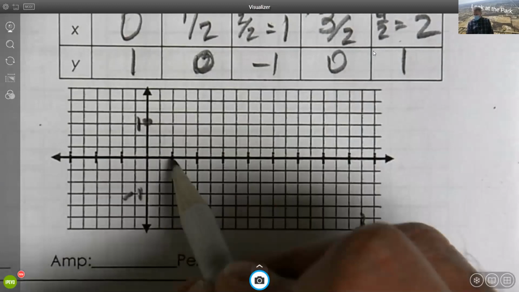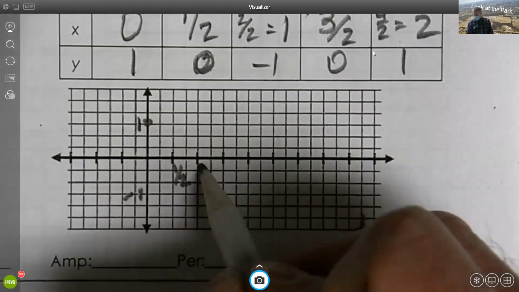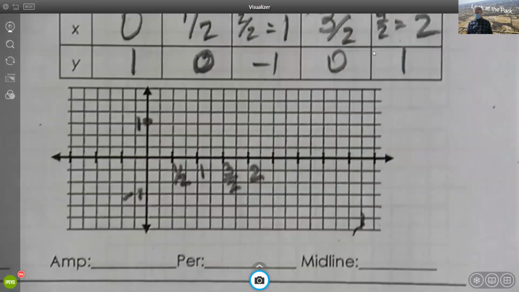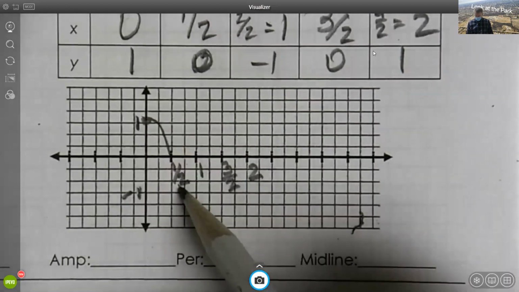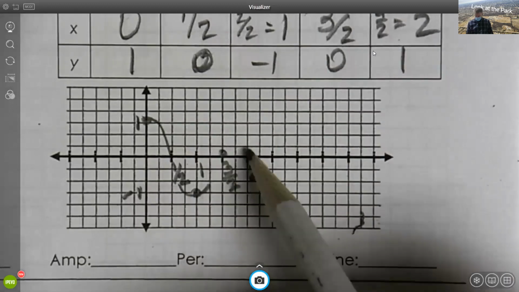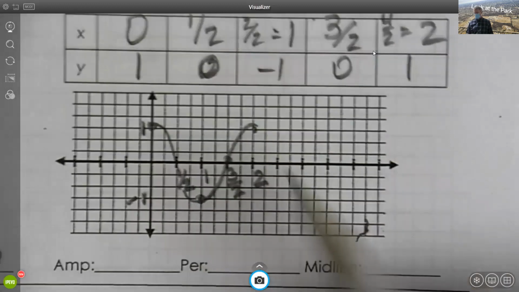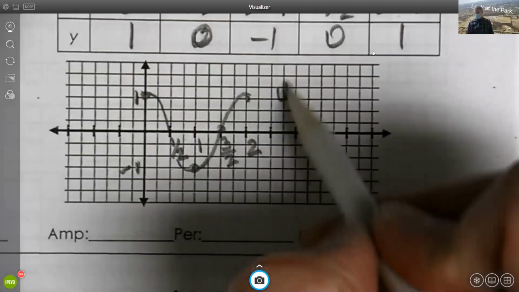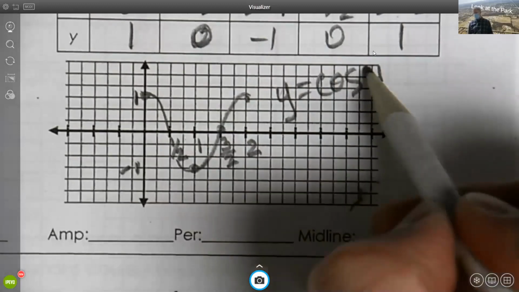This first increment is a half, so you might write a half in there, and then 1, and then 3 over 2, and then 2. Sometimes it's better to put your dots first and then curve your lines through. Okay, so there are your values for the cosine of pi x.